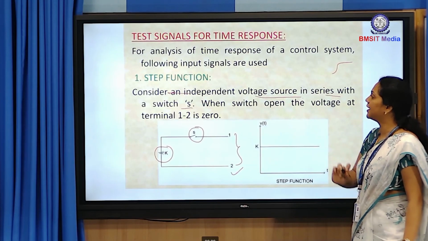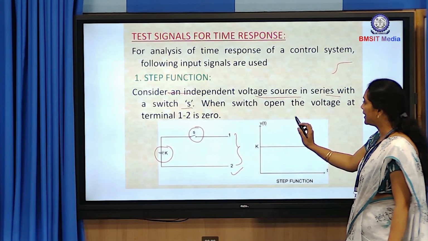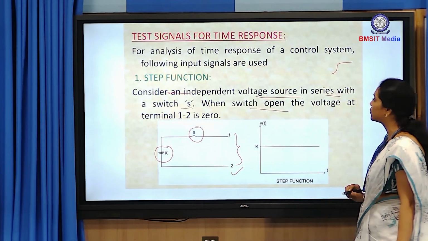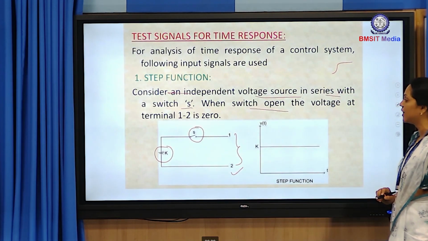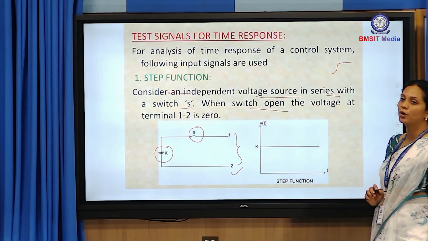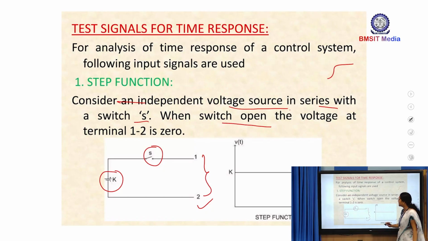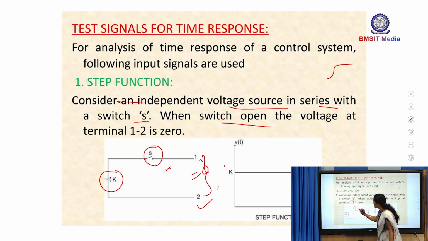Now when this is the condition, suppose the switch is said to be open, then what will be the output voltage across terminal 1 and 2? The output voltage across terminals 1 and 2, when the switch is open, is equivalent to 0. We know that. Why? Because the switch is open.